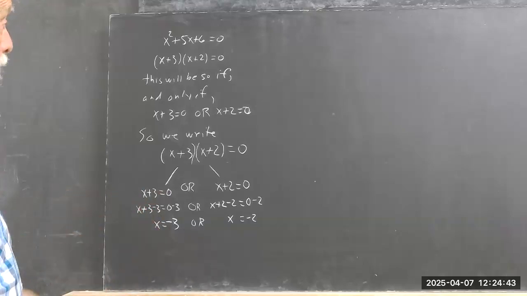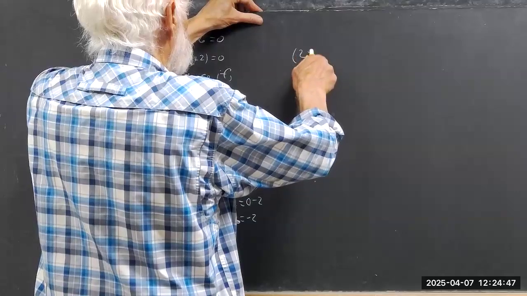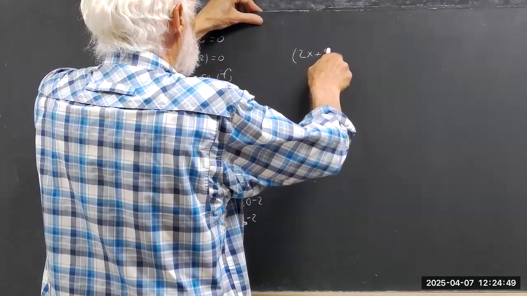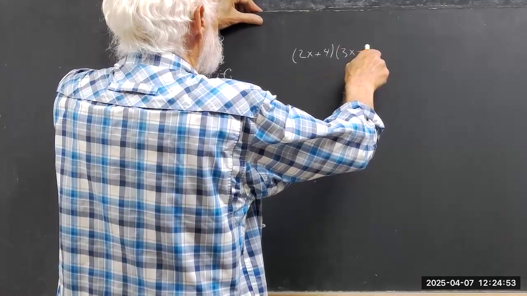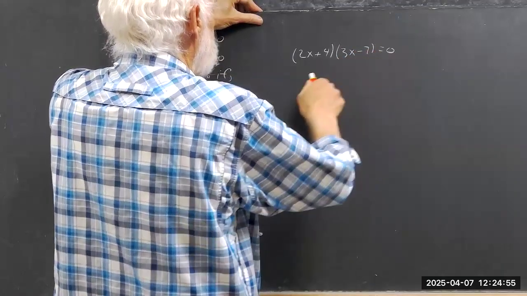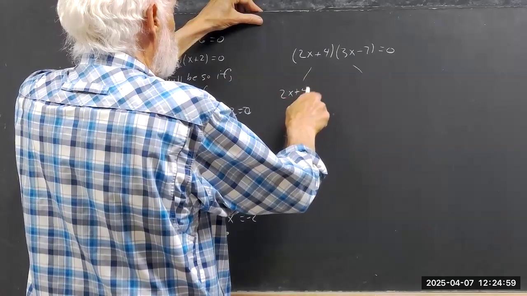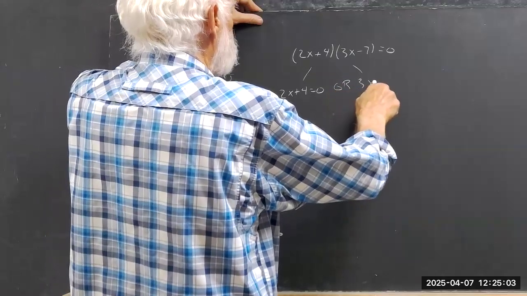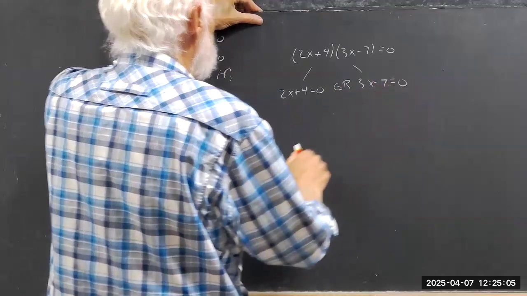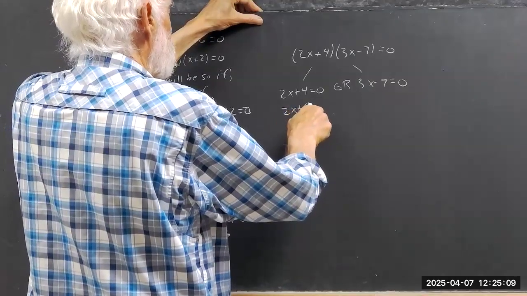Now, the reason I include the algebra is when you factor something, you might end up with something like 2x plus 4 times 3x minus 7 equals 0. That's into 2x plus 4 equals 0, or 3x minus 7 equals 0. And here you got to do a little bit of arithmetic.